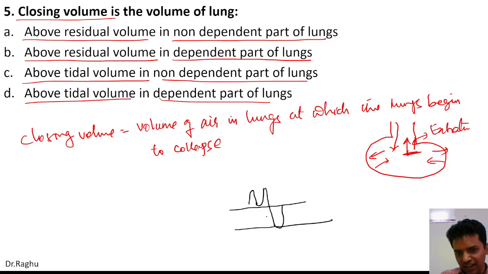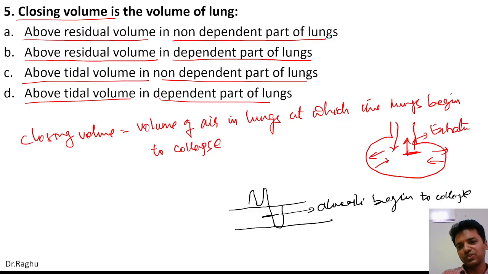So somewhere around this volume is the volume at which the alveoli or the lung begin to collapse. This is what is called the closing volume. Below this volume is this volume, which is nothing but our residual volume.